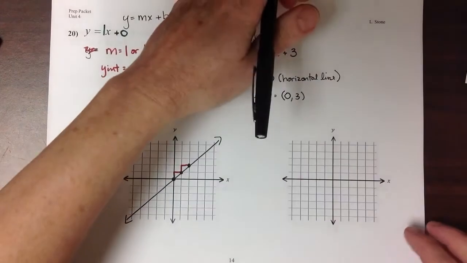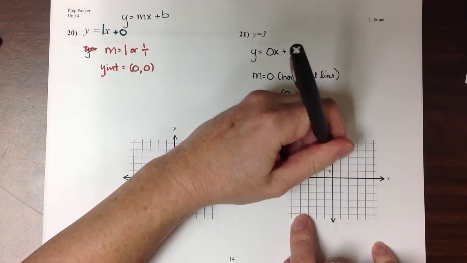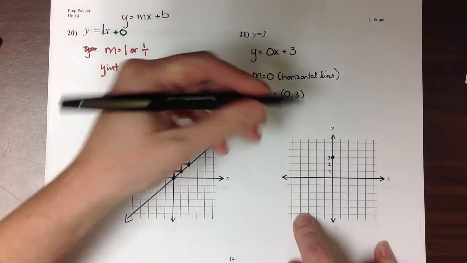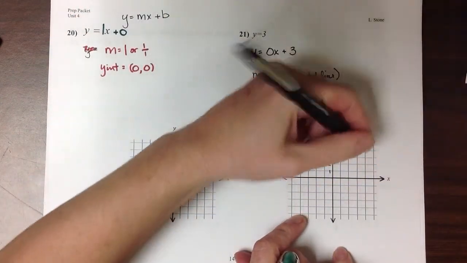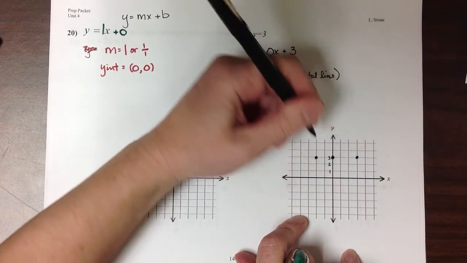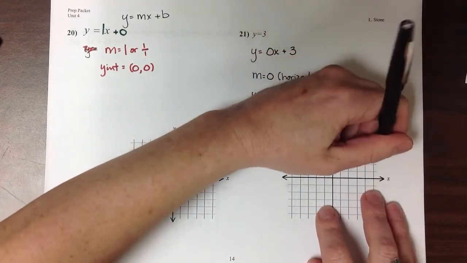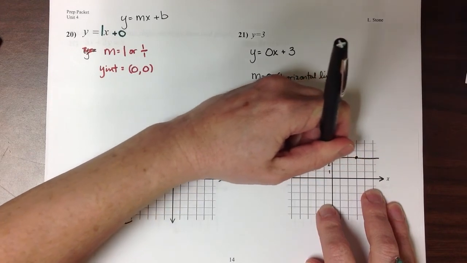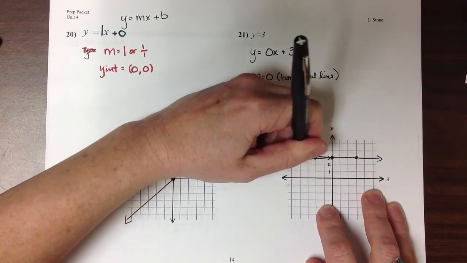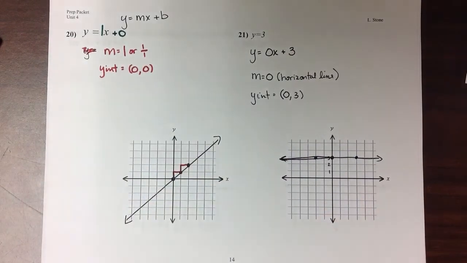So I come up here to 3 on my graph, and then every point along that is not going to rise at all. The line's a little crooked. It's supposed to be a straight line. Right there, at where y is equal to 3.